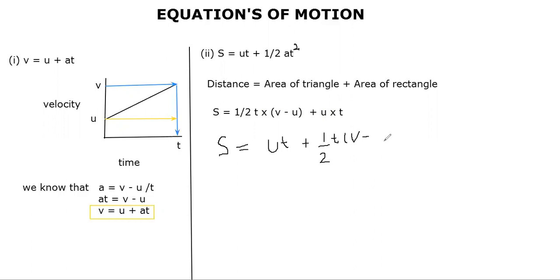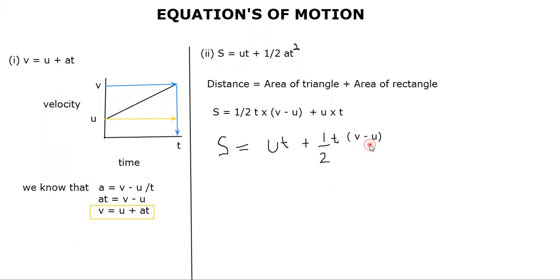If you see, the first equation was v minus u equal to at. So the value of v minus u is equal to at.